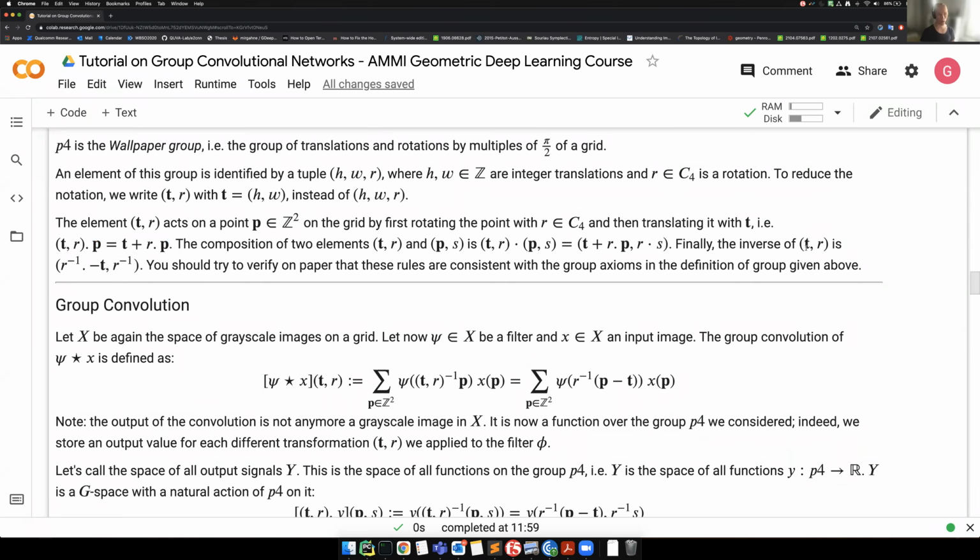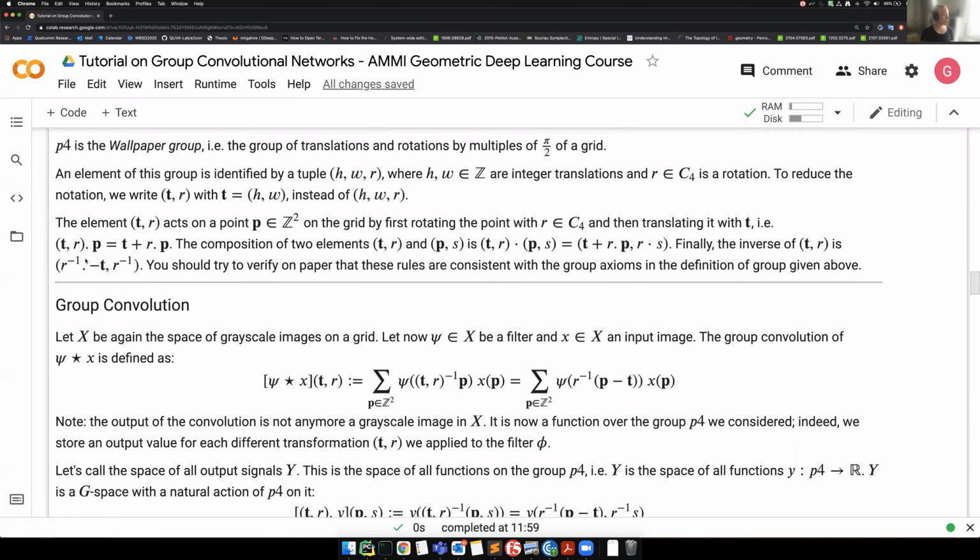If you have a translation and a rotation, the inverse is the inverse rotation. This is not super nicely written, but what this means is a translation by minus the translation before, but also rotated back by the same amount.